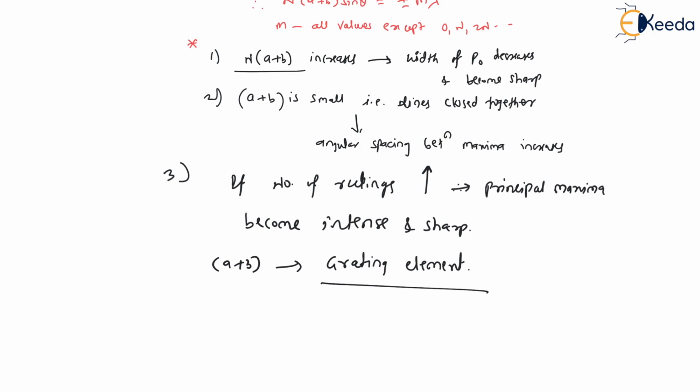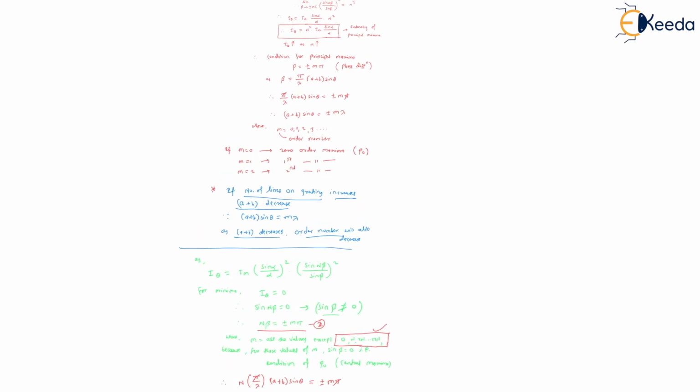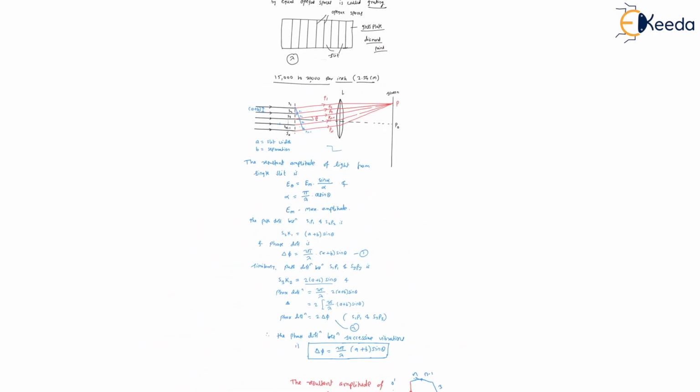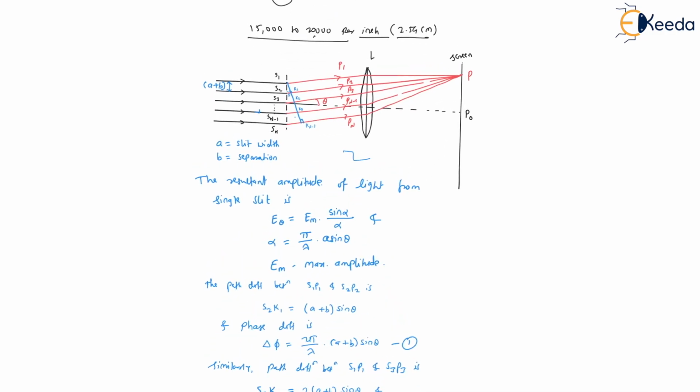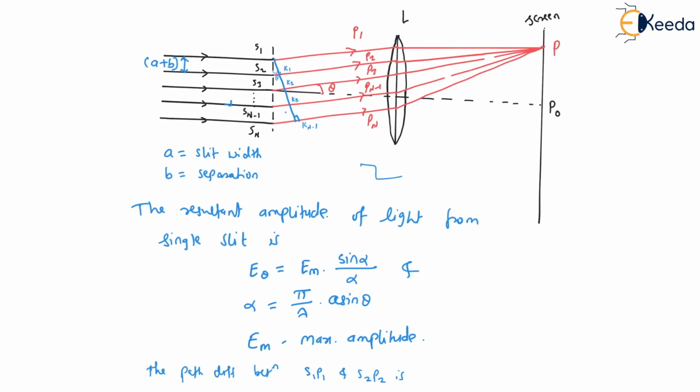So this is all about the Fraunhofer diffraction due to n number of parallel equidistant slits, or in other words we say it is the theory of diffraction grating. So my dear students, in your examination there are different types of questions they may ask, like to explain how the number of lines on grating decides the maximum number of orders of diffraction.